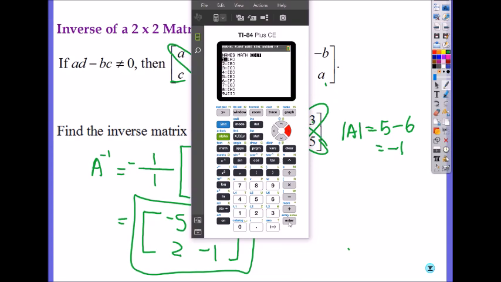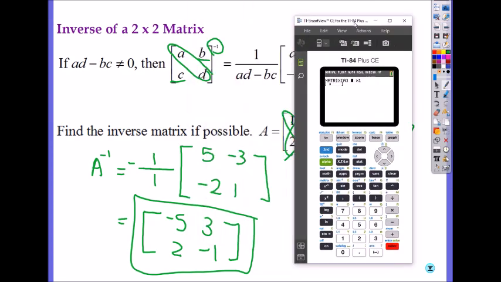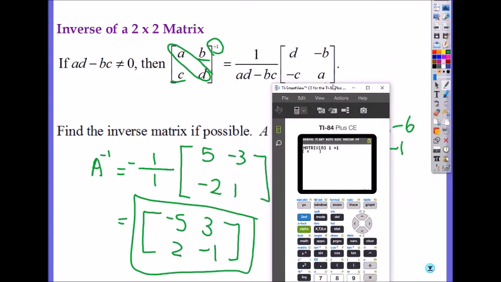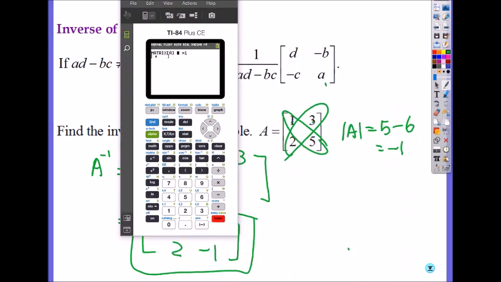And what was the matrix A? Here, 1, 3, 2, 5. It was 2 by 2, so you put 2, enter 2. Enter. It gives you a 2 by 2 matrix. And now you put 1, 3, 2, 5. So that is matrix A.